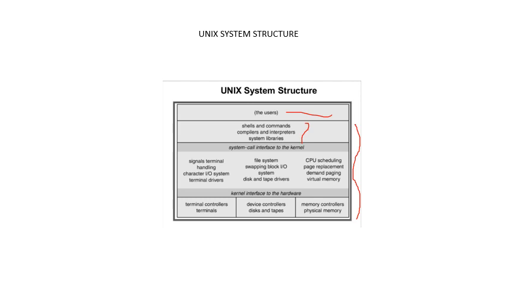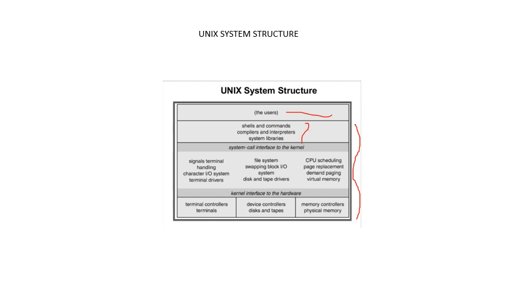The main point is that the different functionalities within this kernel are combined into one level. And this is a monolithic structure, which is difficult to implement and maintain. If you see this, there are different functionalities: signals, terminal handling, character input output system, terminal device drivers, file systems, swapping, block input output systems, disk and tape drivers, CPU scheduling, page replacement, demand paging, virtual memory.